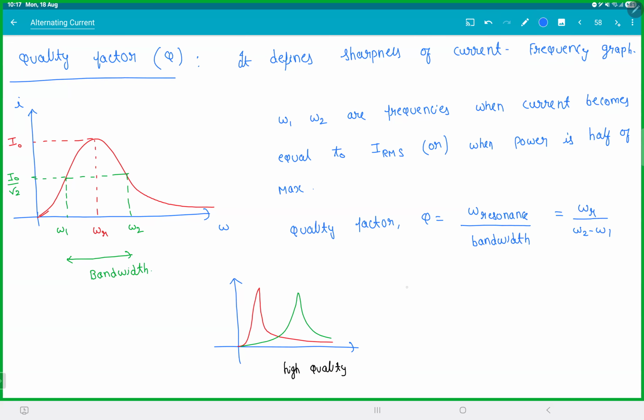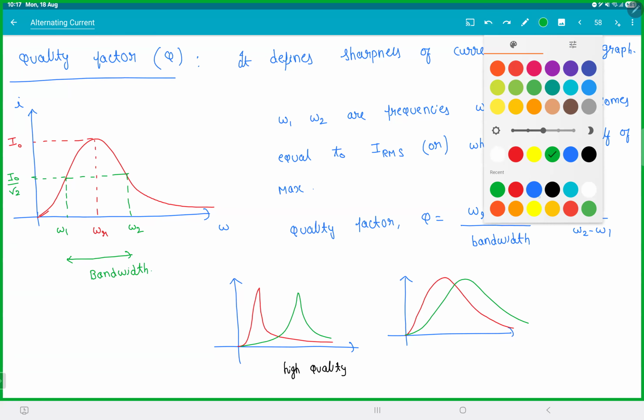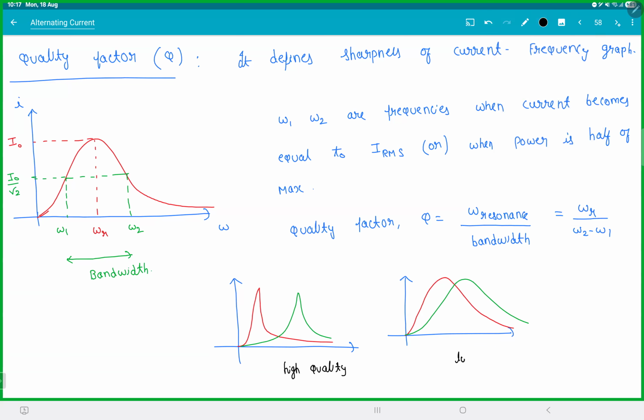Suppose you use low quality, can you see what is happening? Even when red is there, green is still dominating. This is a low quality signal. There will be a lot of interference. When you want to hear that FM channel, some other song is coming. Play with this.